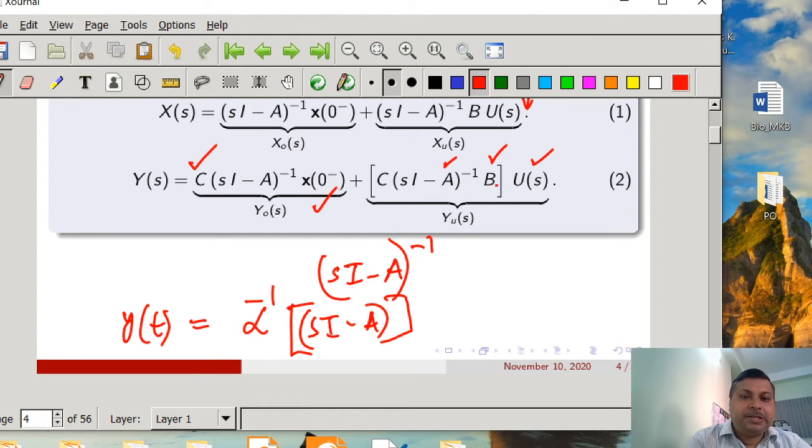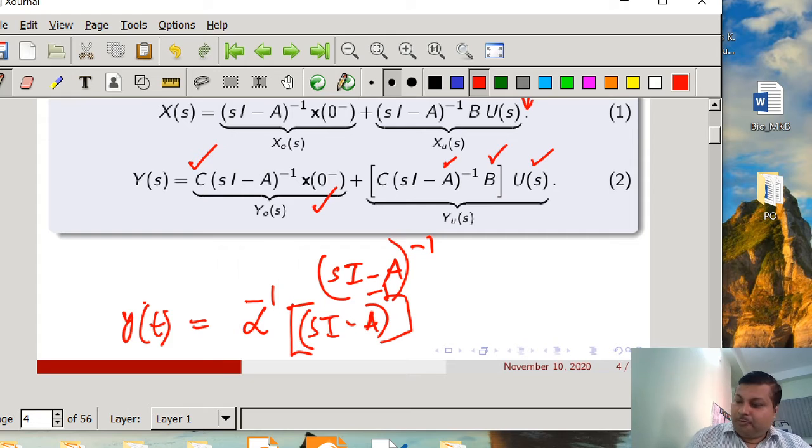So this you can take out, and also you have to take the inverse Laplace of this term. But the most important thing is that we have to take the inverse Laplace of (sI minus A) inverse if we want to compute the time response of the system here.